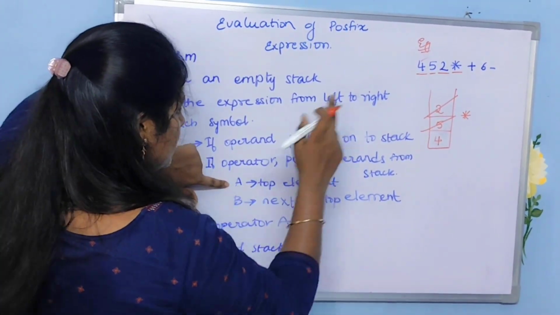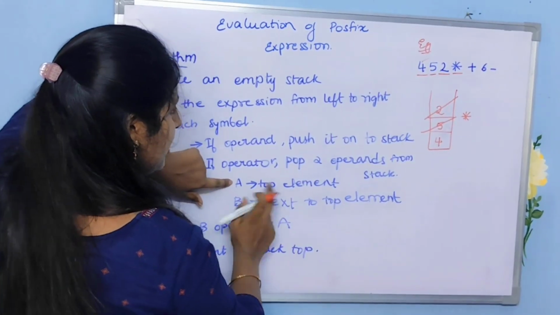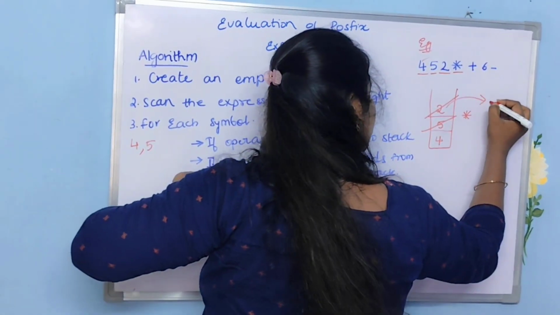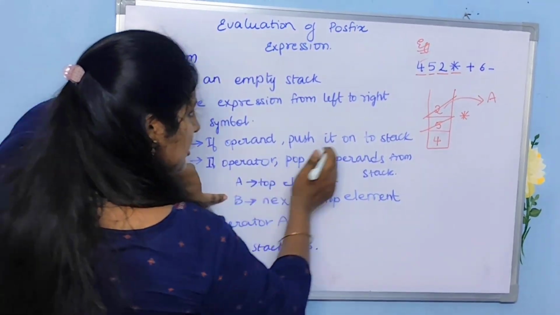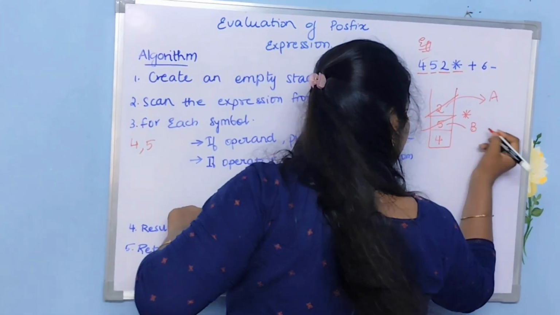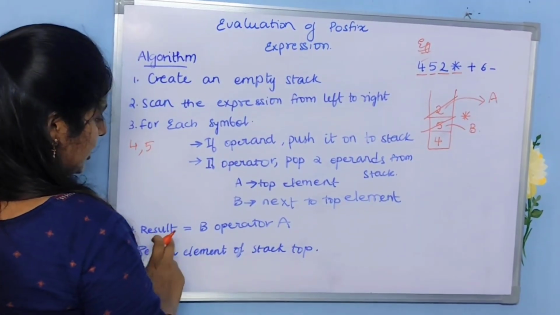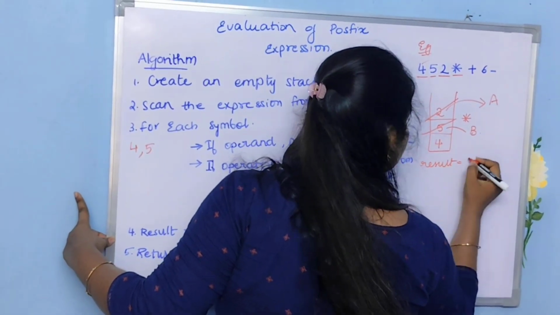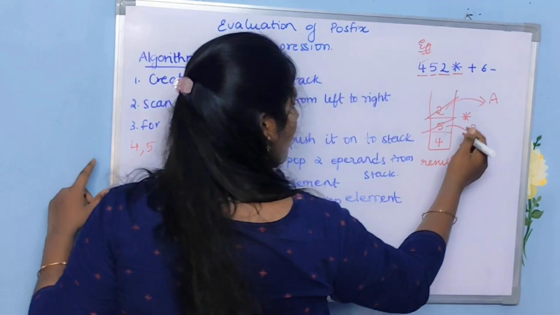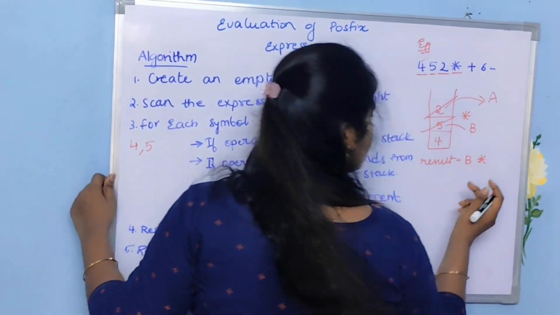Now the first popped element, the top element, should be taken out as A, and the next element next to the top element should be considered as B. Now evaluate result equals B operator A. What is my operator? Multiplication.